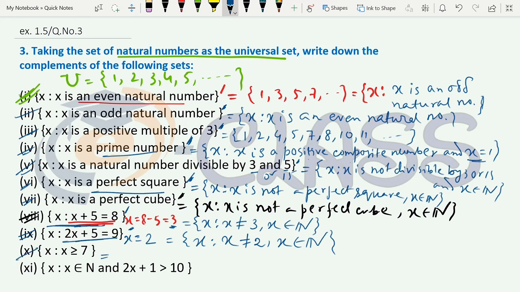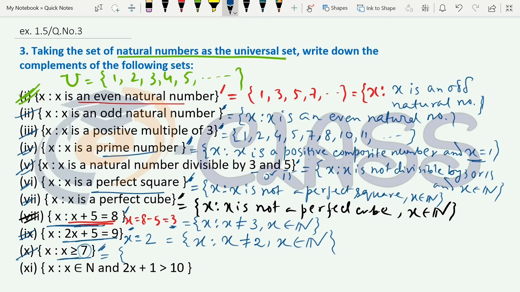Now question number 10 says x such that x is greater than or equal to 7. So the complement of this set contains those elements which are less than 7, because this set contains the elements greater than or equal to 7, so 7 is also in this set.